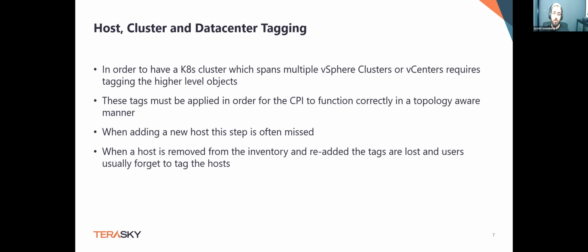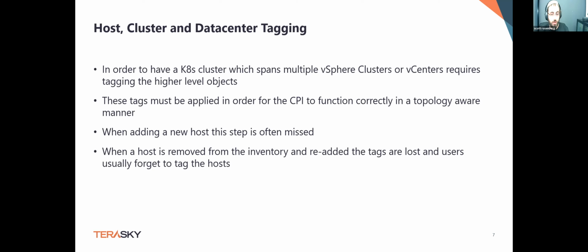The last one is host, cluster, and data center tagging, which is a very important thing that came up also in the last VMware user group meeting. When we're doing anything cross data center, when we're doing a multi-availability zone topology aware Kubernetes cluster, we need all three levels, our hosts, our clusters, and our data centers tagged.